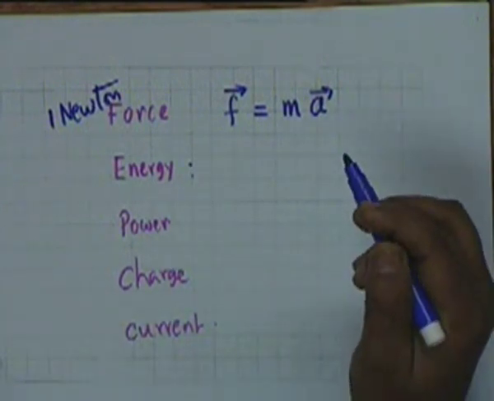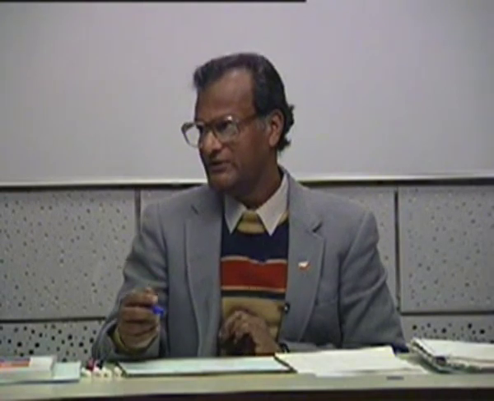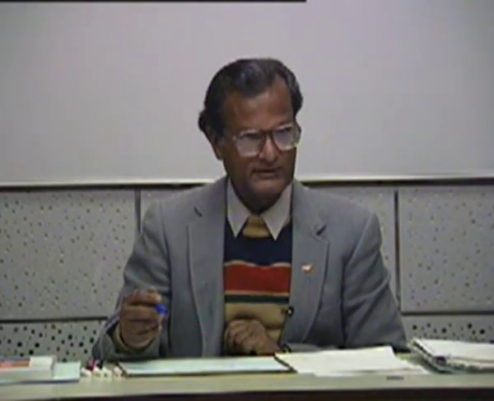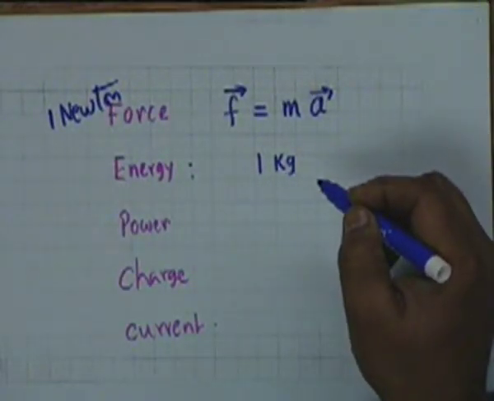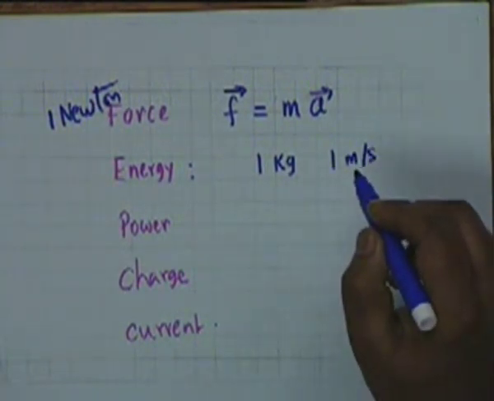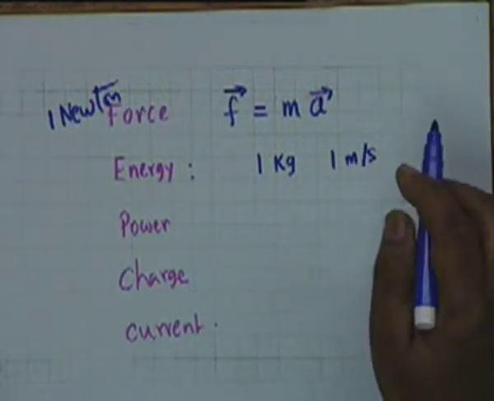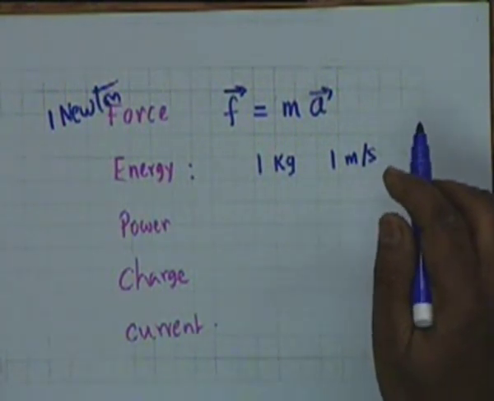Energy is expressed in joules, and energy is the capacity for doing work. If 1 kilogram mass moves with a velocity of 1 meter per second, then it has a kinetic energy of half a joule, 0.5 joule.